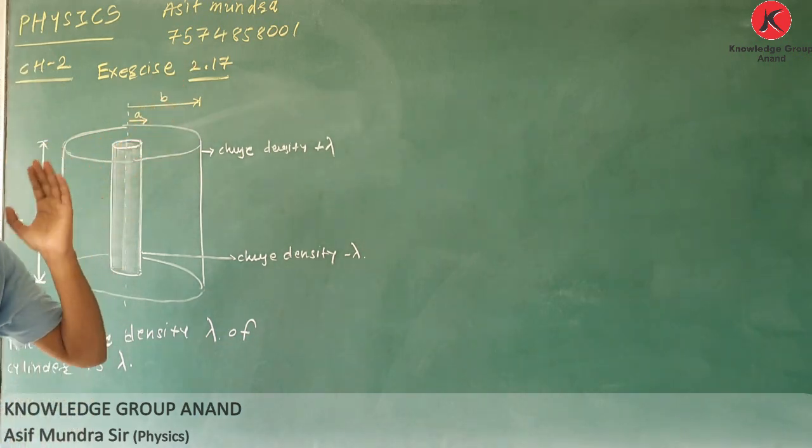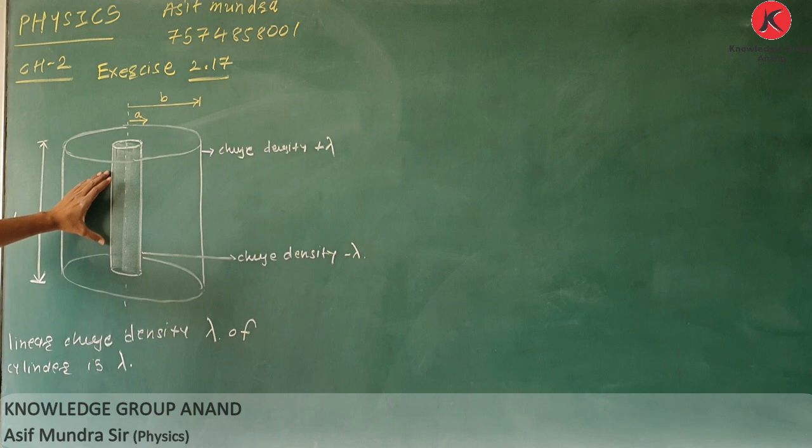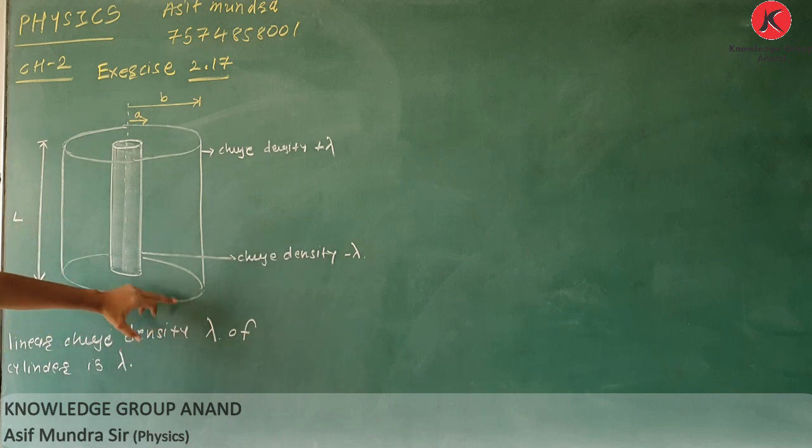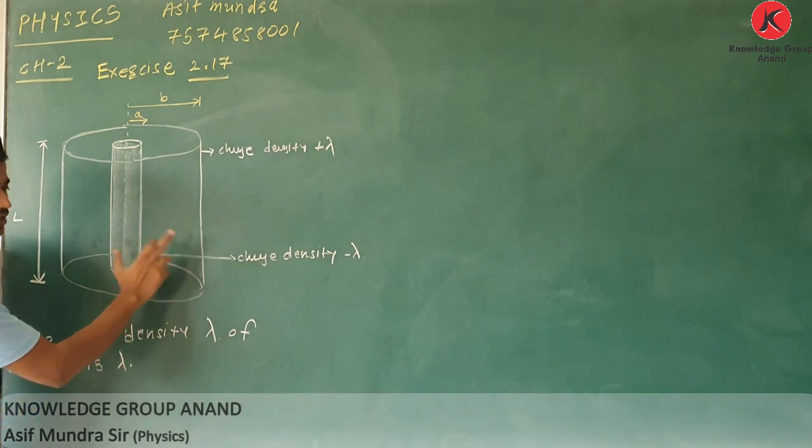Exercise 2.17. What are you given? You are given a cylinder of linear charge density lambda surrounded by a coaxial hollow cylinder, like this.